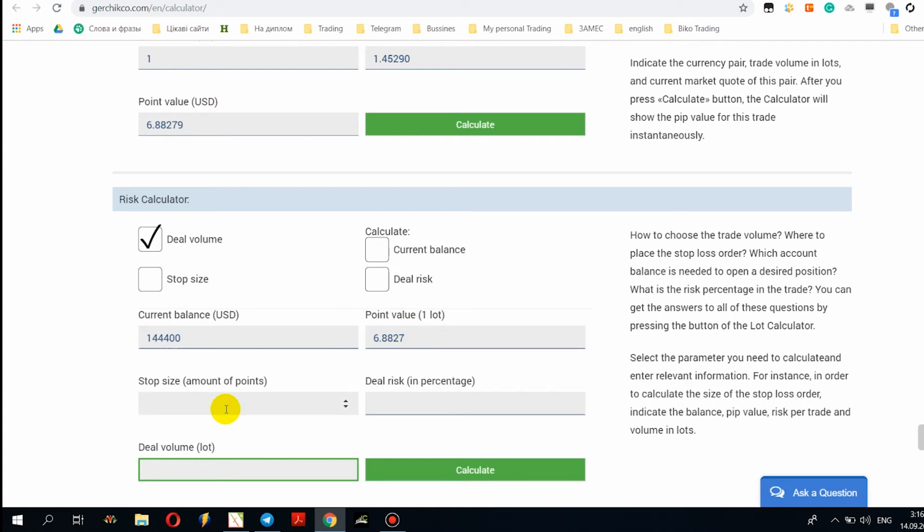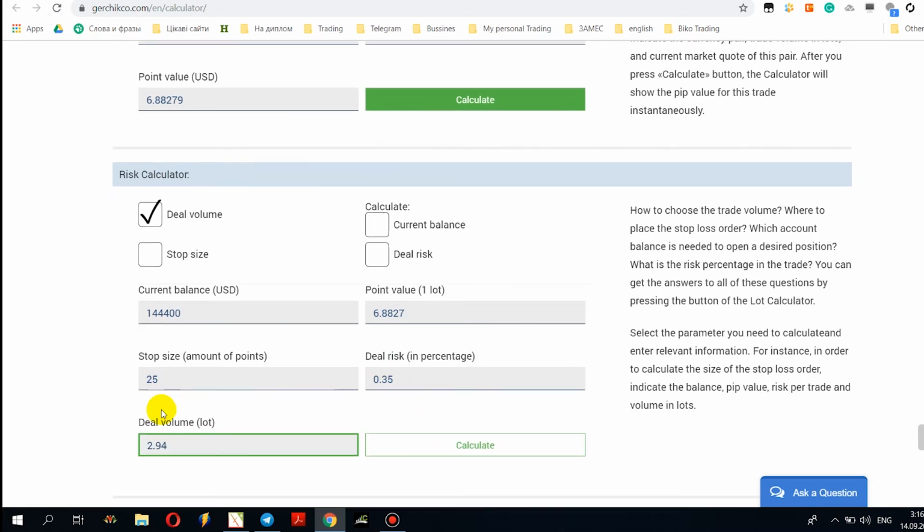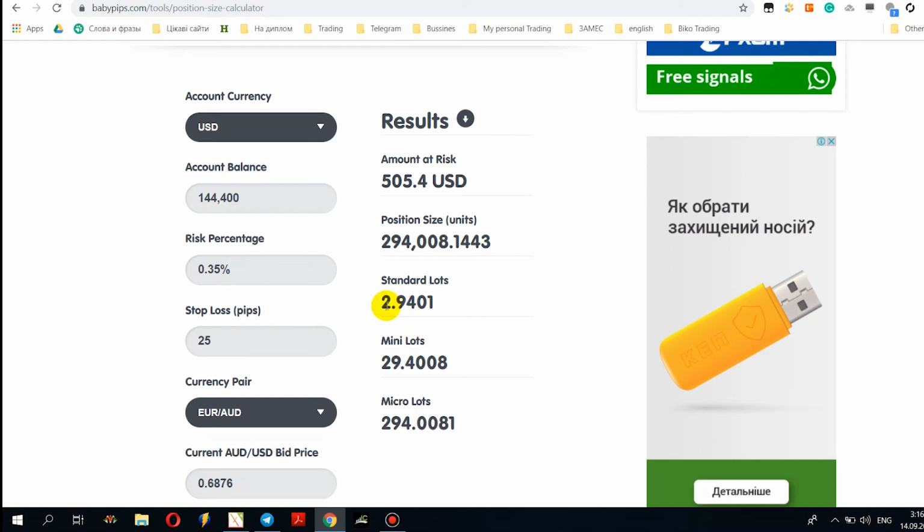So let's let it be the same risk, 25 pips, and deal percentage risk 0.35. And what will be our volume? 2.94 lots. And what we have here also the same, 2.94 lots.